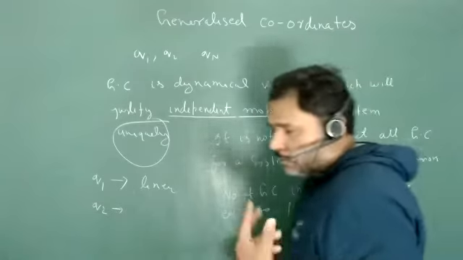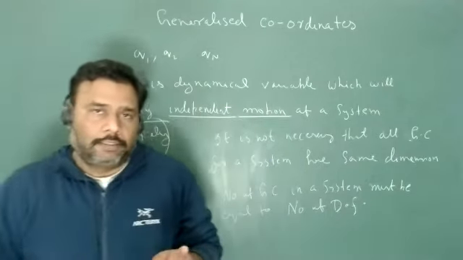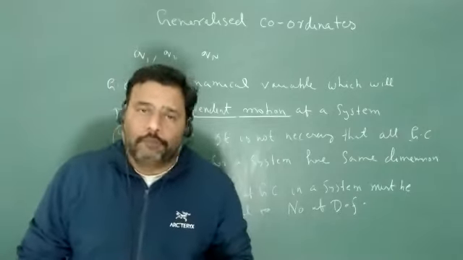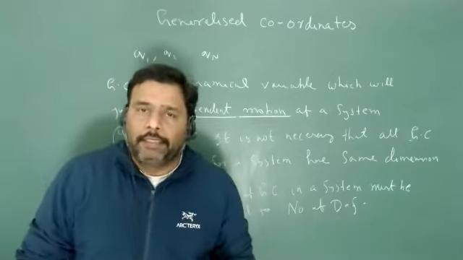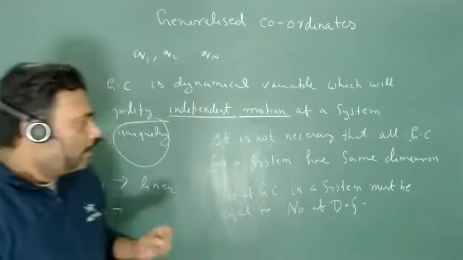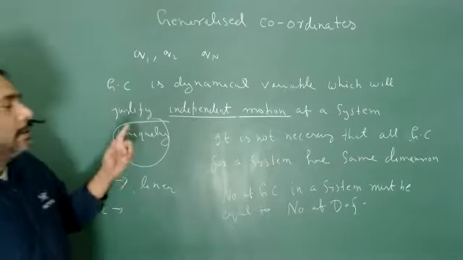So if you have 2 degrees of freedom, then you have 2 generalized coordinates. And these 2 generalized coordinates will tell you about the 2 different states of a system independently and uniquely. This is a very interesting thing. And now if we can define generalized coordinate, then we can also define generalized velocity.